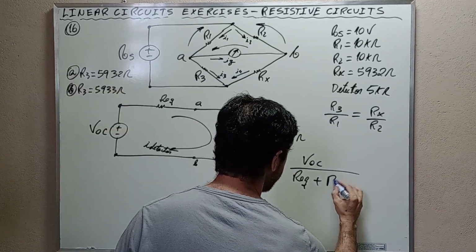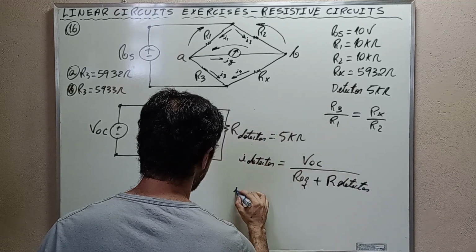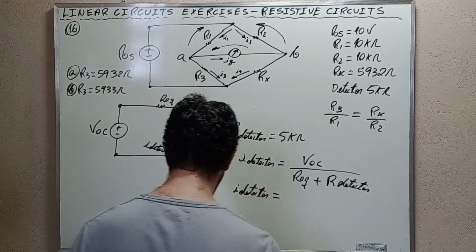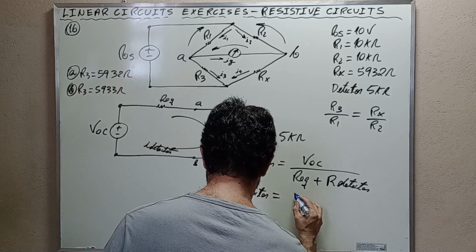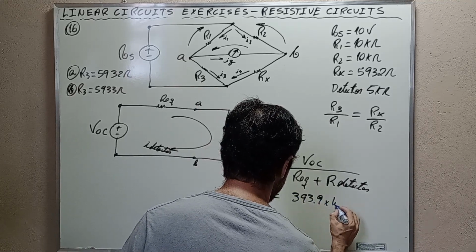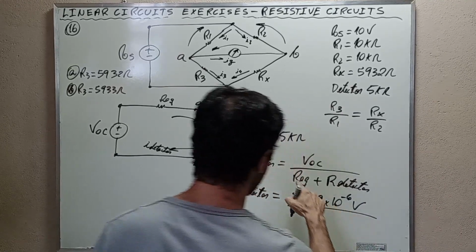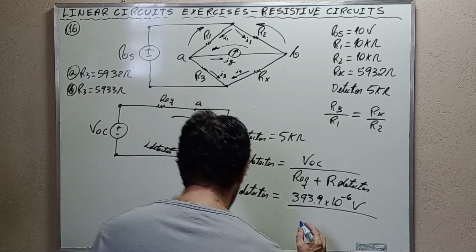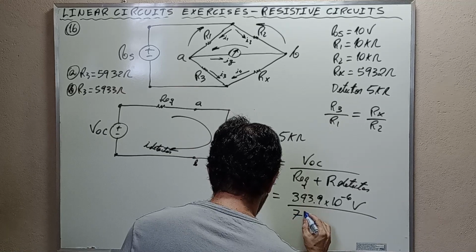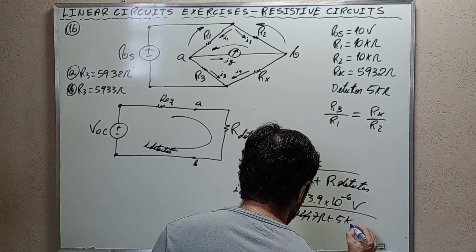And the resistance of the detector. Okay, and if we use the values, we find that it is 393.9 times 10 to the negative 6 volts divided by the equivalent resistance, 7447 plus 5 kilo ohms.